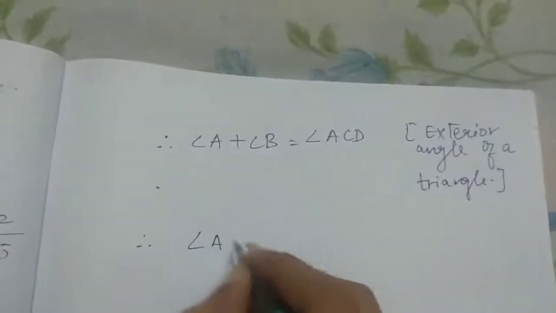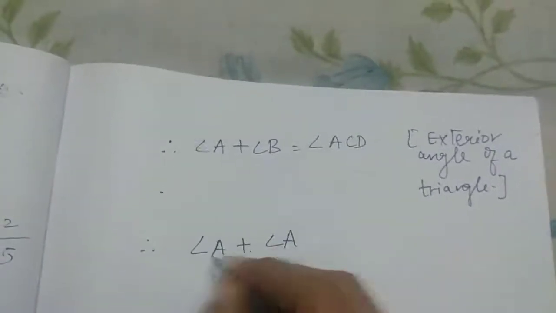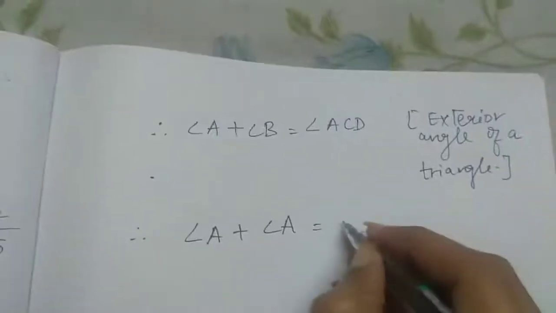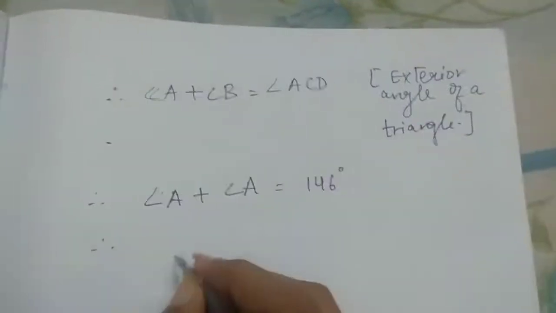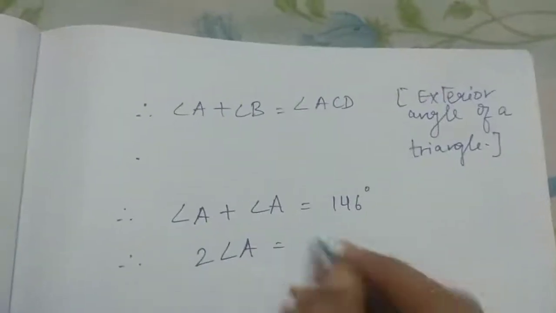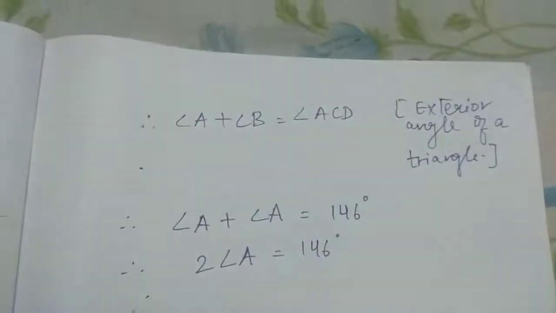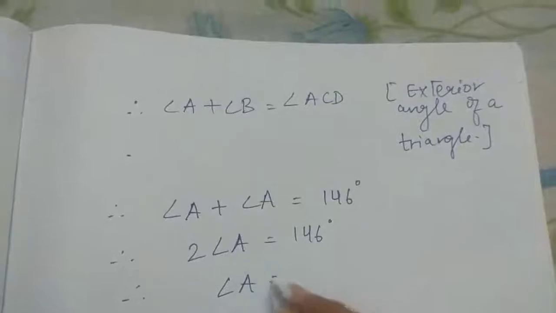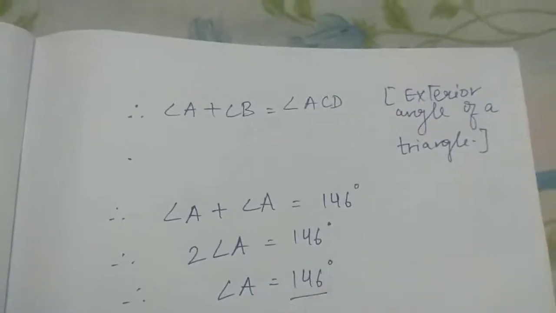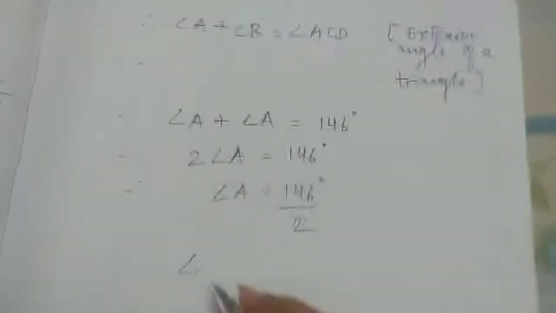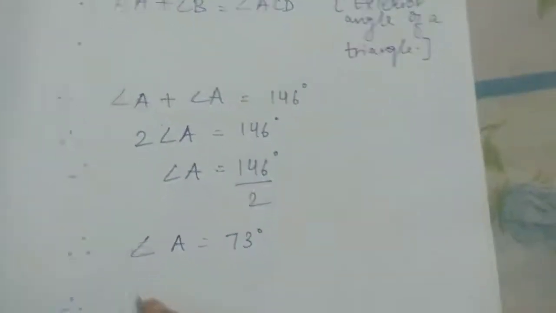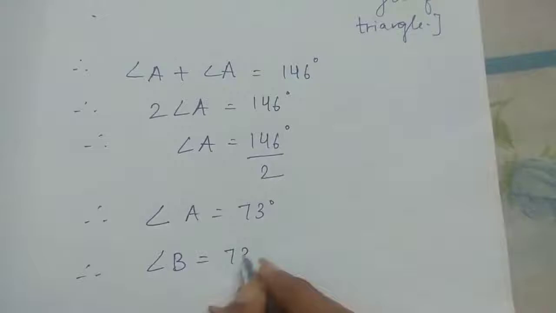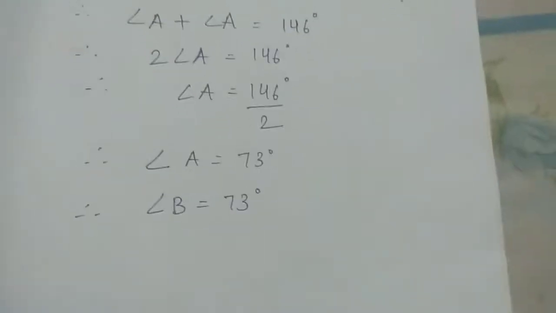Now instead of B, I can write A, because both are equal. ACD we got 146. 2 angle A are there, so 2 angle A equal to 146. 2 will move on to that side, becomes division. Therefore, angle A equal to 73 degree. Therefore, angle B is also 73 degree.